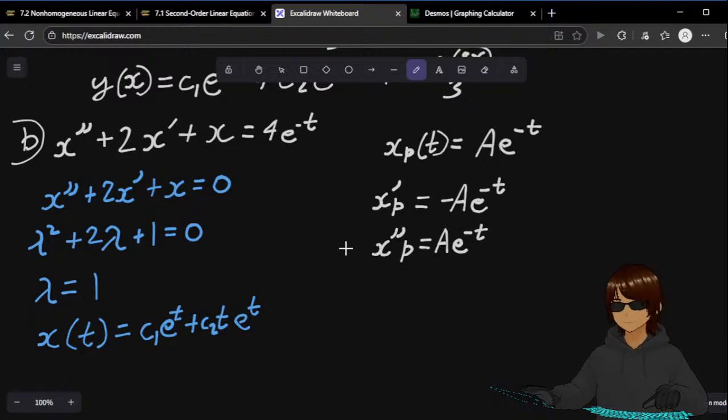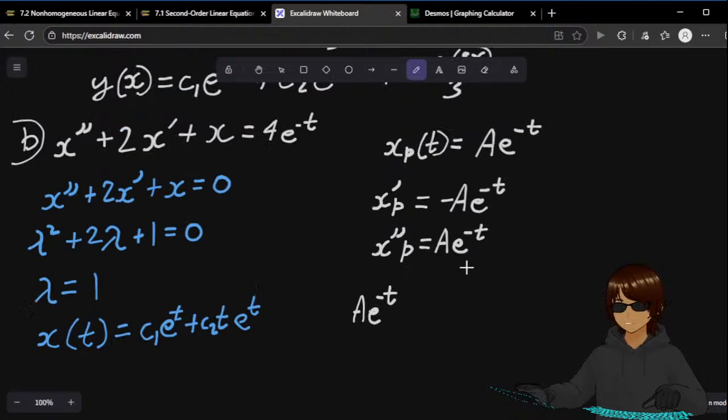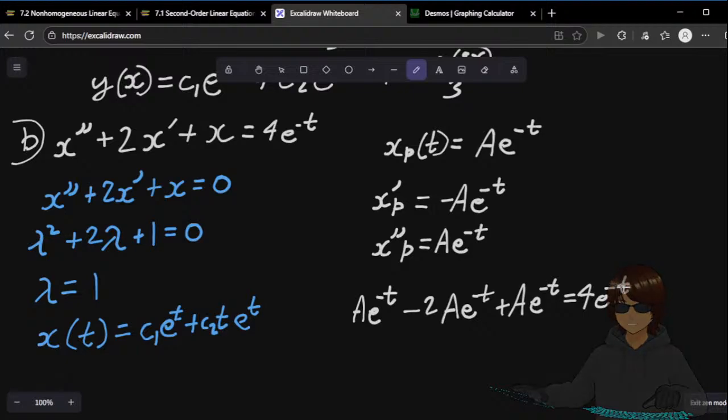So we have this. You substitute this back into the original equation. So we have this plus, actually minus 2a plus a gives you 4e to the power of minus t.